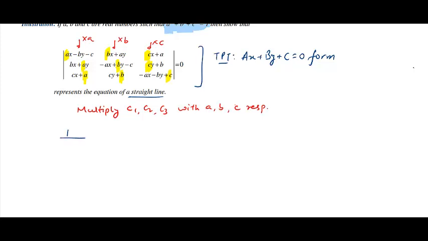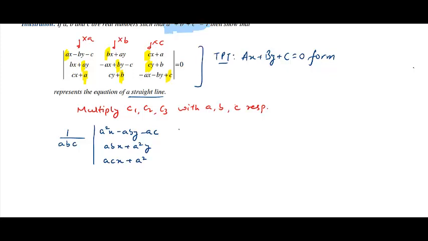So when we multiply, we have to divide it also. So we get 1 upon ABC times. This equation becomes A square x minus ABY minus ACX plus A square y, ACX plus A square.